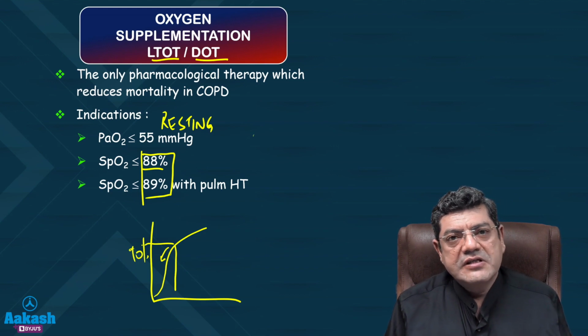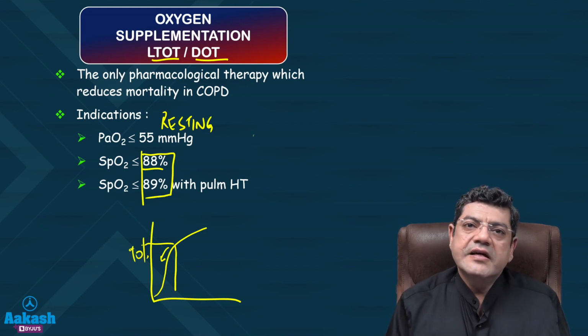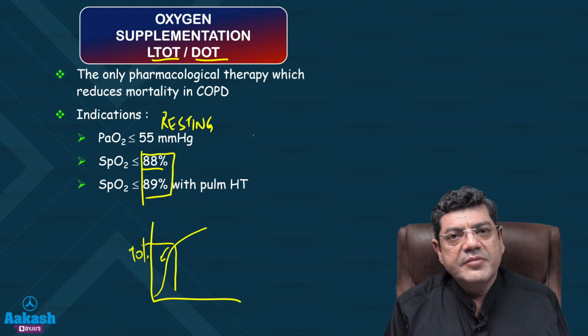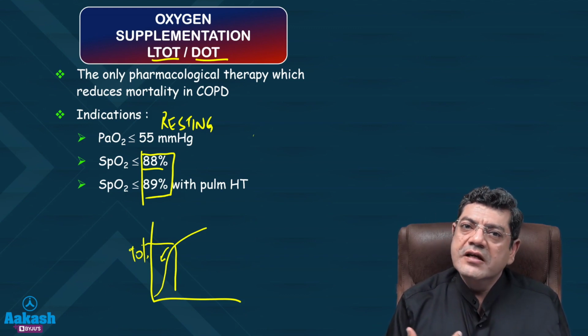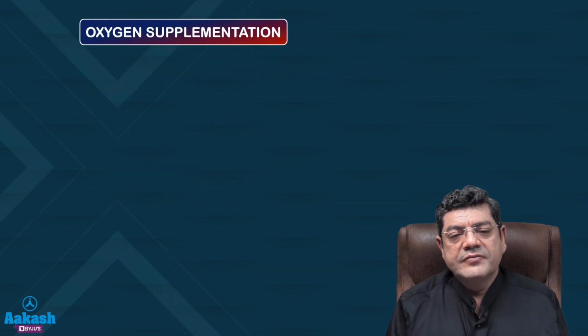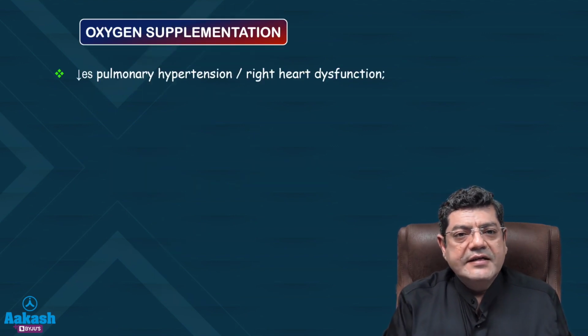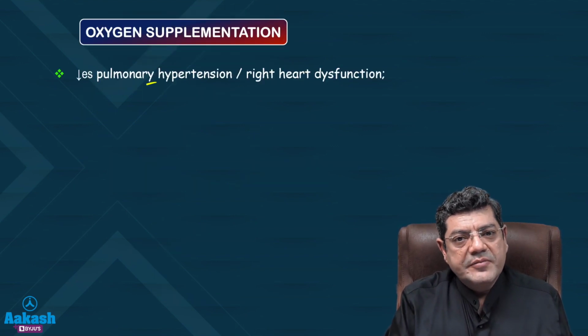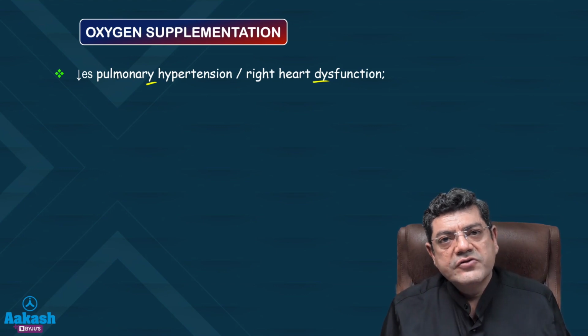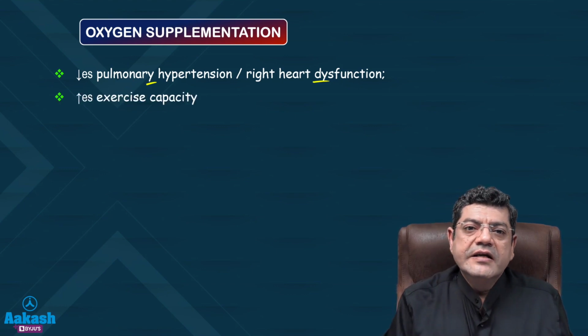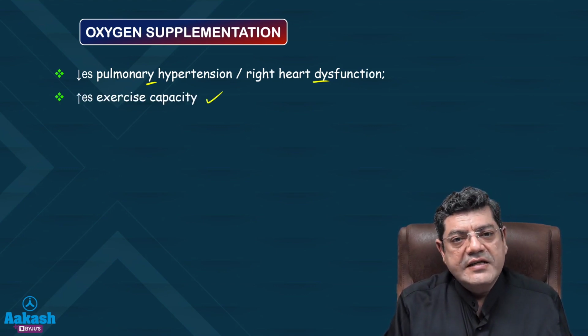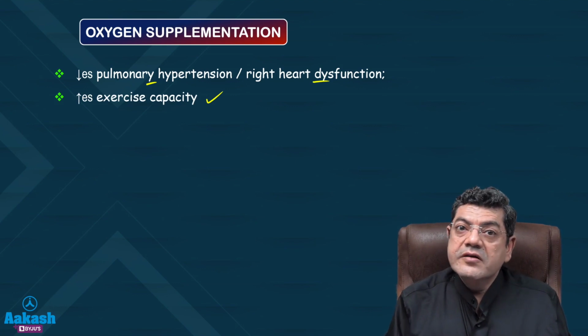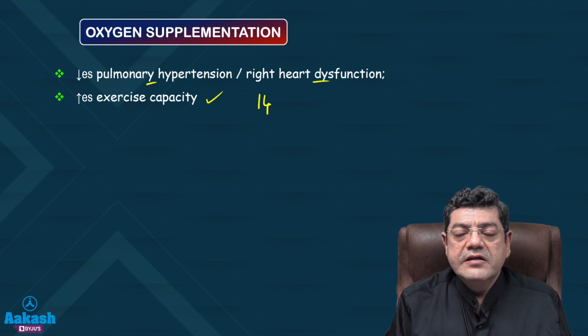Because oxygen will improve the hypoxia, as it improves alveolar hypoxia, pulmonary vasoconstriction and pulmonary hypertension will improve, and therefore right heart function will improve, right? So, I said that it reduces pulmonary hypertension and it improves right heart function. It will improve exercise capacity. Remember that for it to be useful, it must be given at least 14 hours a day.